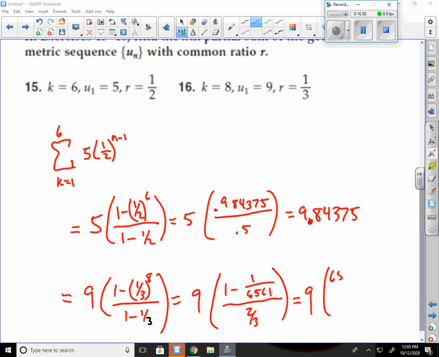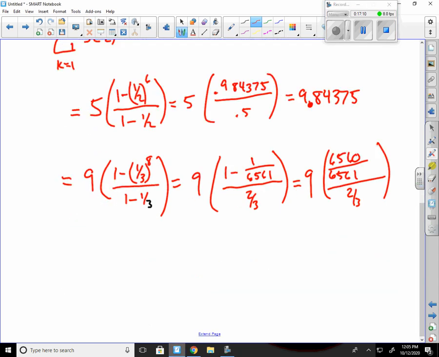That gives me 6560 over 6561, all over 2/3. I can flip the 2/3 and multiply. It gives me 9 times 6560 over 6561 times 3 over 2.